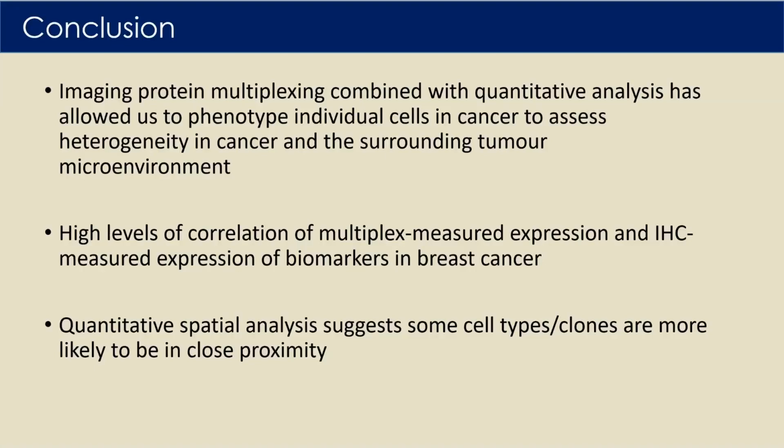Quantitative spatial analysis suggests that some cell types or cell clones are more likely to be in close proximity. We're actually expanding to use machine learning algorithms to identify these spatial patterns and how they could be used to predict outcomes in cancer.